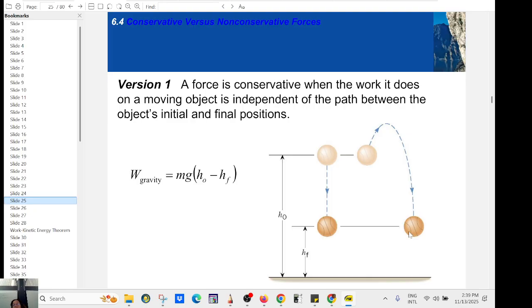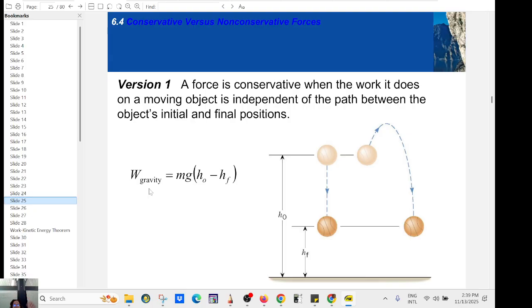The change in potential energy depends only on the initial position and the final position. Or you can say that the work done by gravity will be mg delta h. So gravity is a conservative force because it doesn't matter which way it goes.